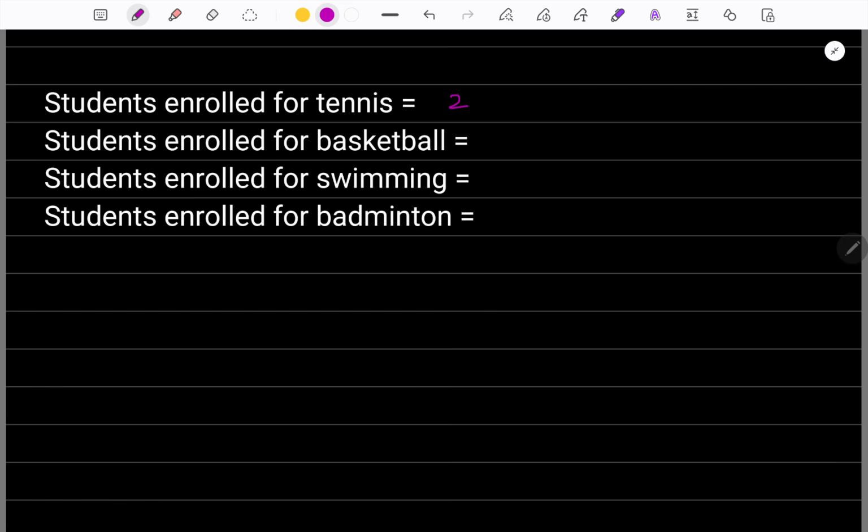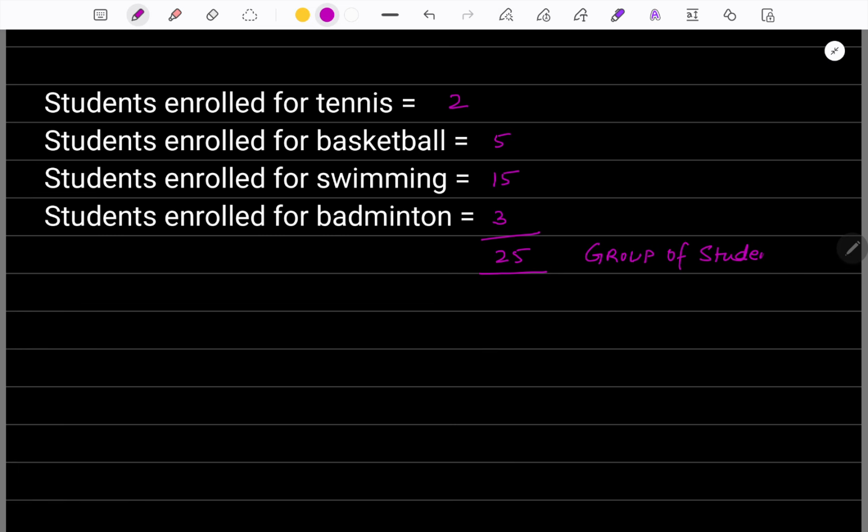Students enrolling for basketball, 5. 15 enroll for swimming and 3 enroll for badminton. Now we know that each student is an individual and a whole in itself. But can we use the word whole for the students? For this we have to look at the total number of students. The total number here is 25 and 25 represents a group of students.